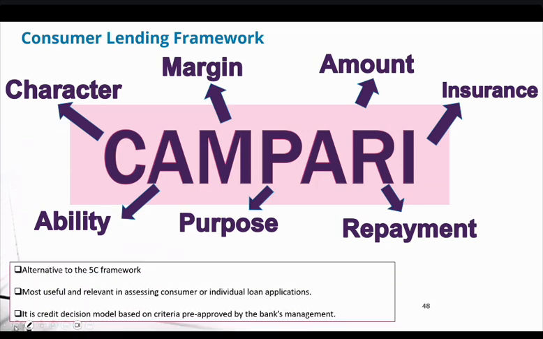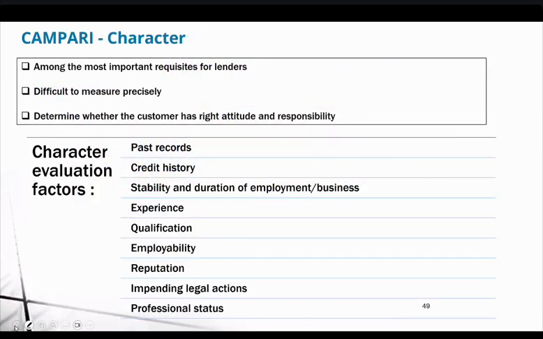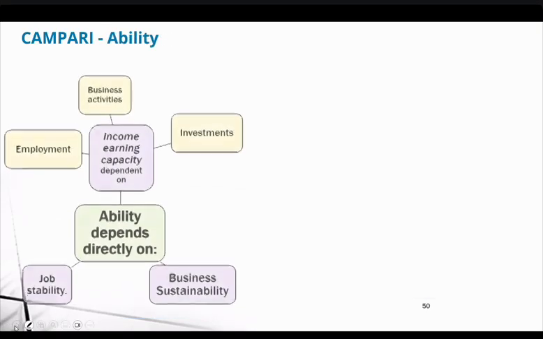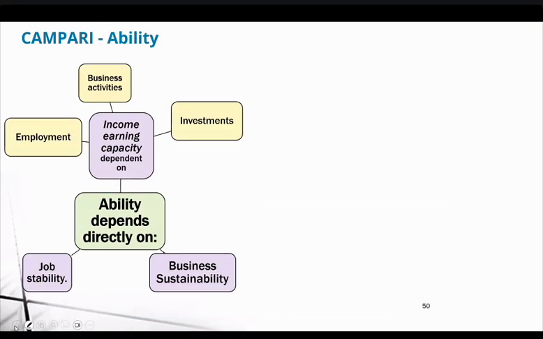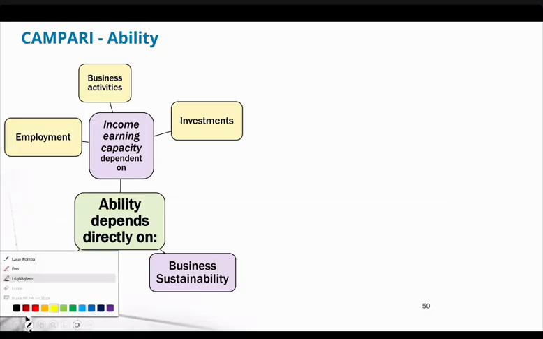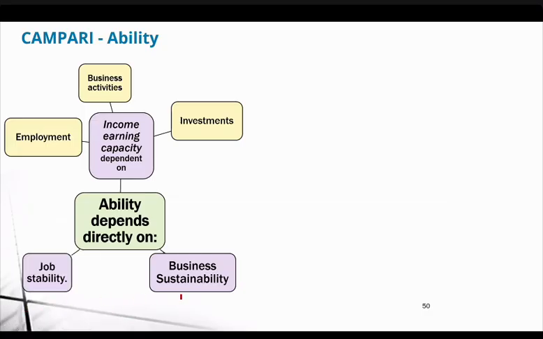So this is the alternative five Cs. It's more common for consumer individual loan agreements. Character, they said, is among the most important requisites for lenders. It may be difficult to measure precisely, but you want to determine it in terms of attitude and responsibility. And ability depends on this: if they have their own business, how sustainable is their business?